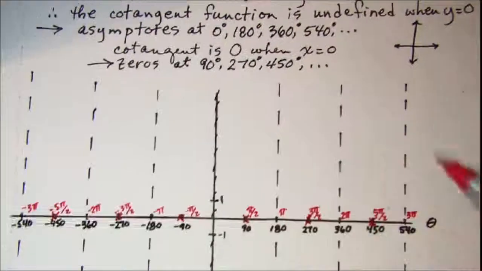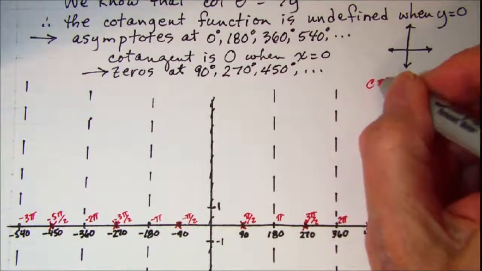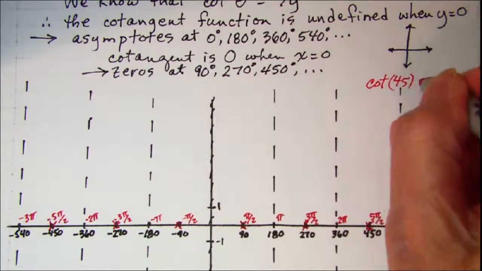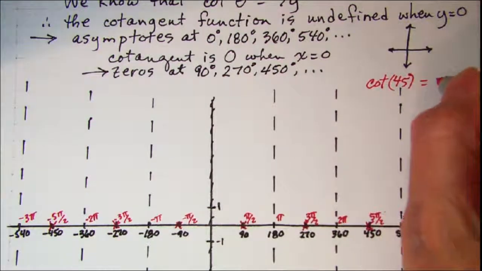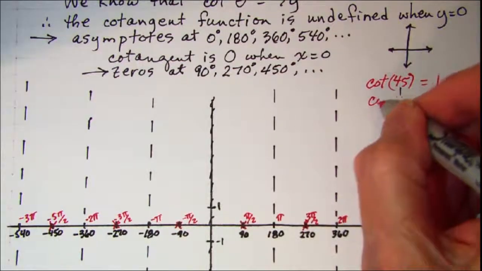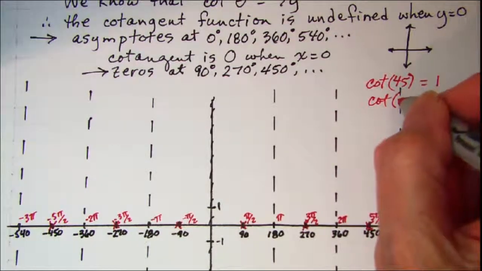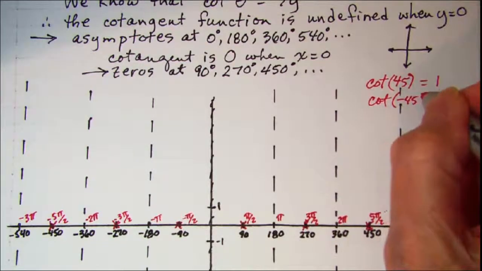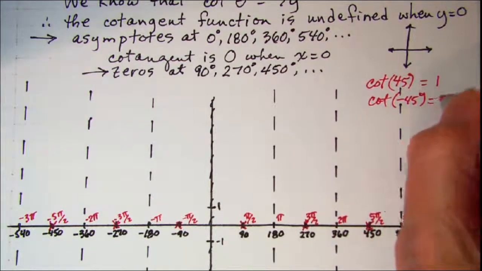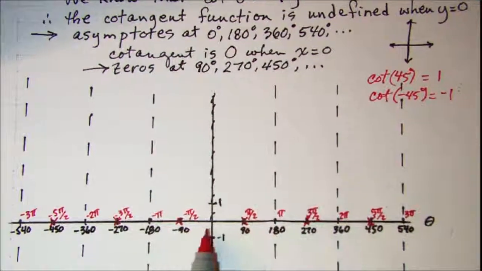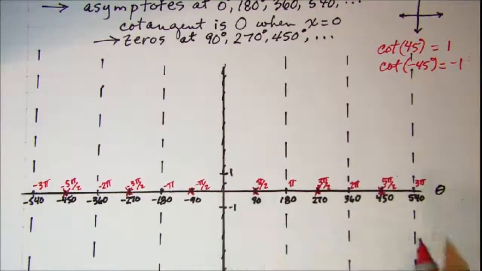So we can make a note that the cotangent of 45 degrees is equal to a positive 1. And then we also know that the cotangent of a negative 45 is a negative 1. So these are numbers that'll help us get started with our cotangent curve.